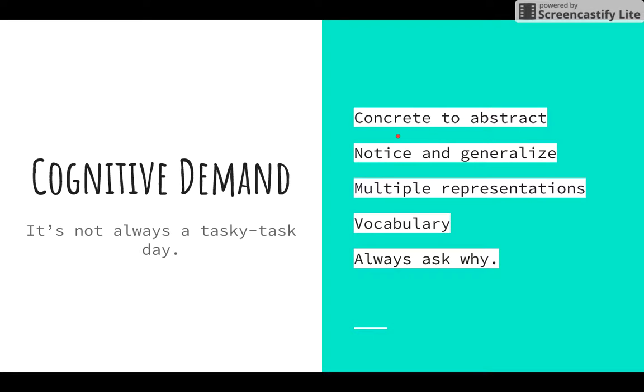But I do incorporate these strategies of always moving from the concrete to the abstract. So whether that's we're building with shapes or we're graphing a thing, and then eventually we're getting to an equation and a pattern. Having students notice and generalize keeps this element in of they're doing the thinking, they're doing the reasoning, they're finding out the big mathematical ideas, not giving away the punchline to them.